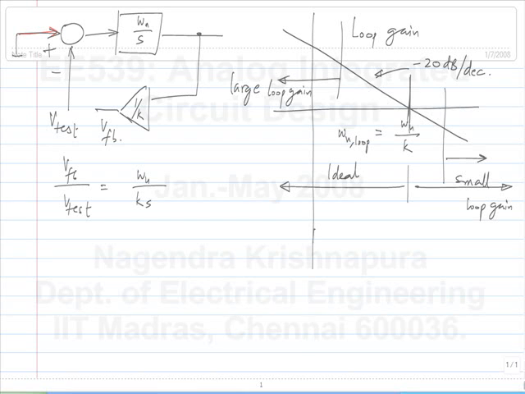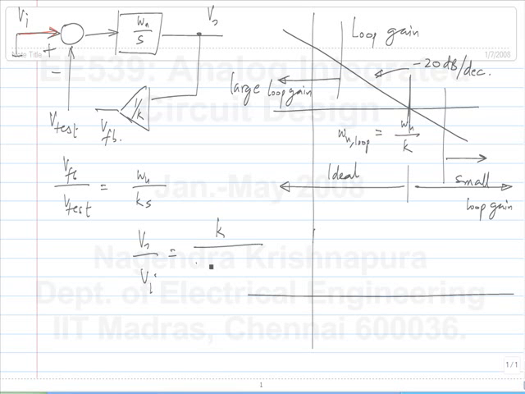And that is reflected in the closed loop response. What is the closed loop response of this? This being the input and this being the output. What's the transfer function? We evaluated this, right, several times.